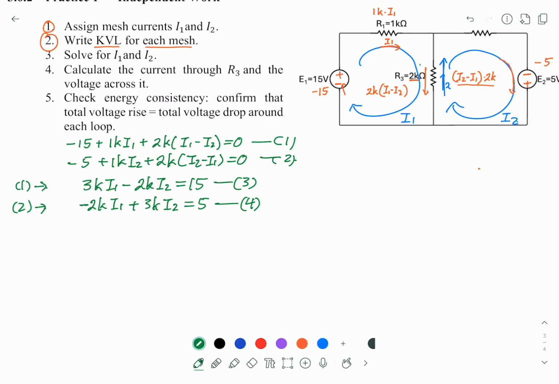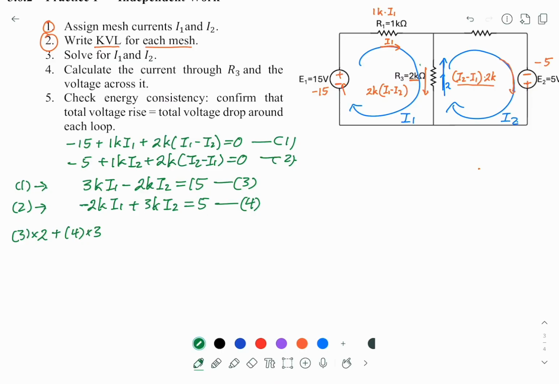Now, if we use elimination, we can say 3 times 2 plus 4 times 3. So the I1 term is eliminated.